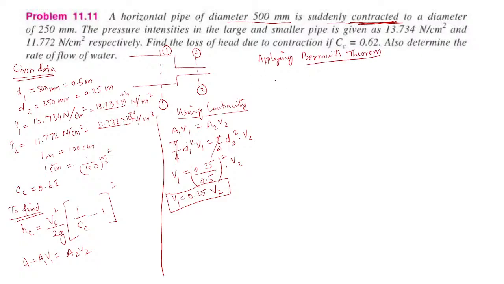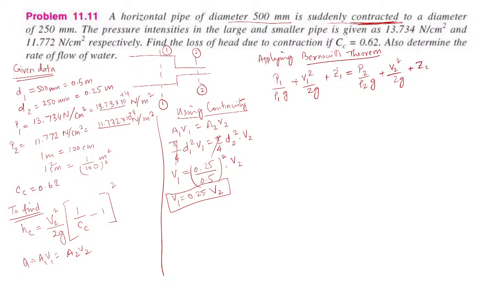What is the theorem? I hope everyone remembers: P1 by rho 1 G plus V1 square by 2G plus Z1 is a constant, or we can also write the other half of it, P2 by rho 2 G plus V2 square by 2G plus Z2.